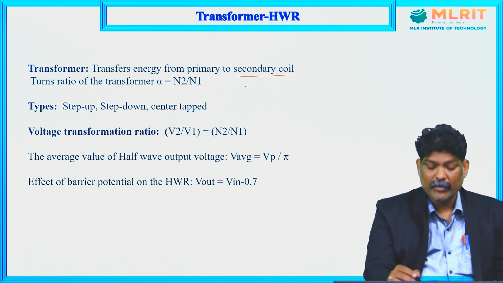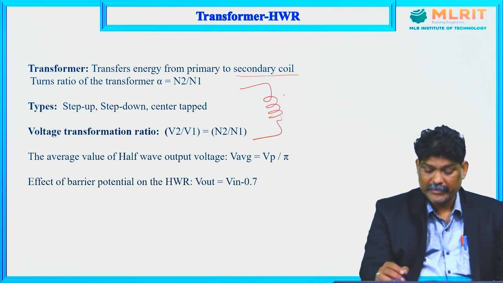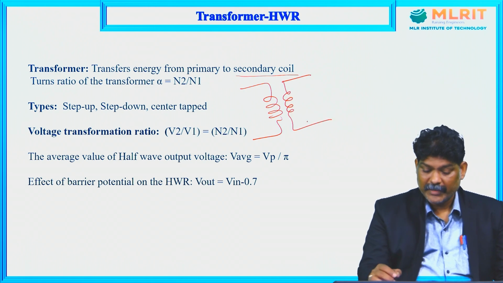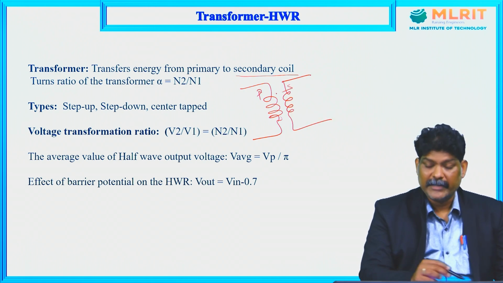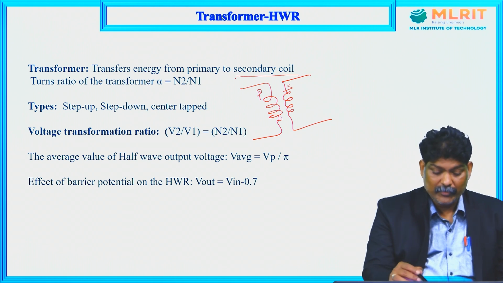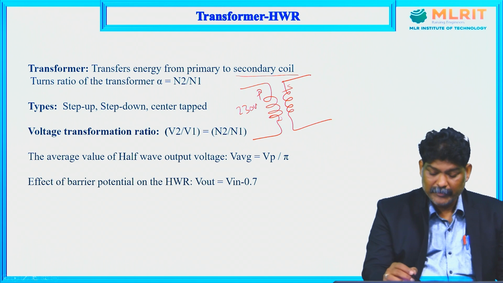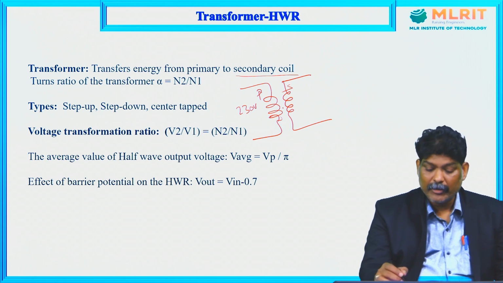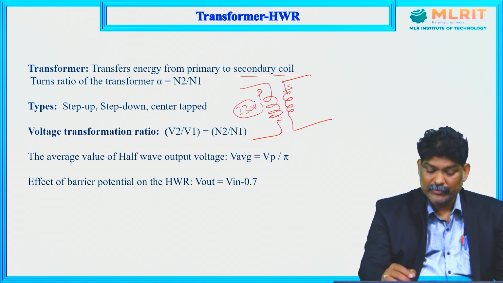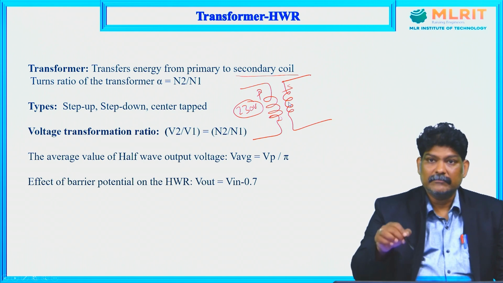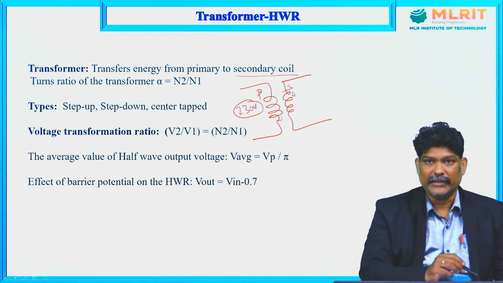If you observe the previous diagram, this is the primary coil and this is the secondary coil. The 230 volts will be transferred across, and depending upon the turns ratio, the number of turns of the primary coil and secondary coil, the 230 volts will be reduced to some low voltage.